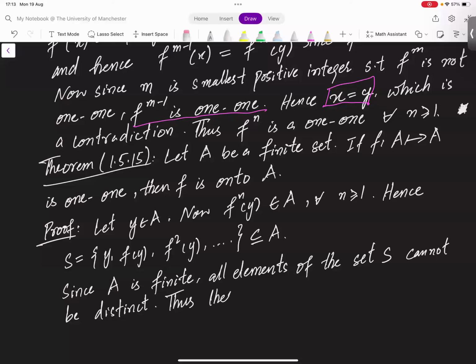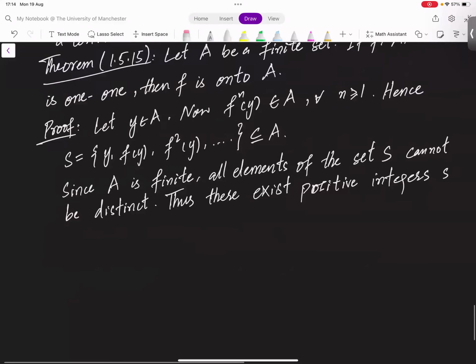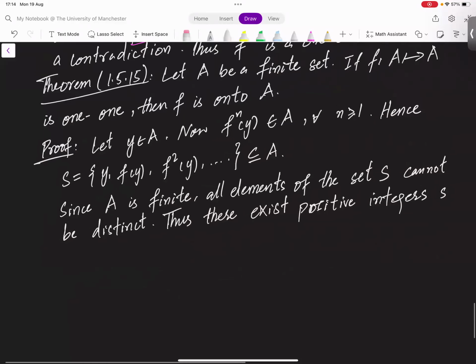Thus, there exist positive integers s and t such that s is greater than t and f power s of y is f power t of y.